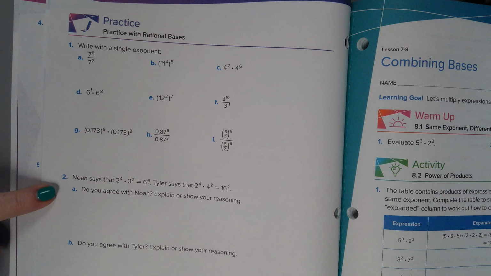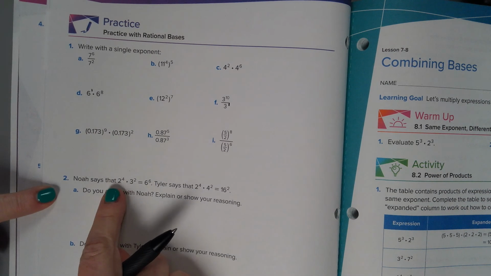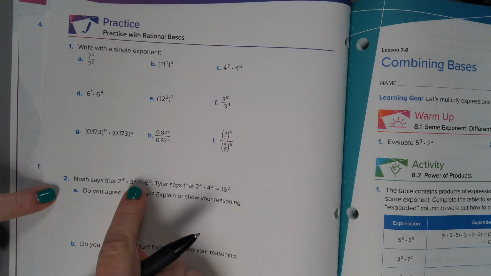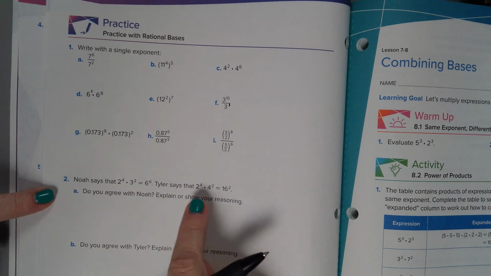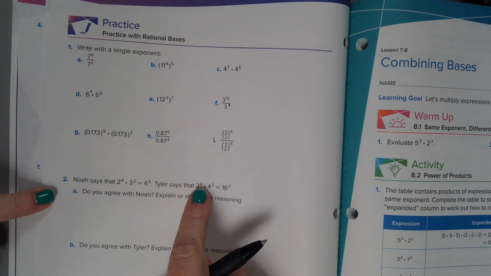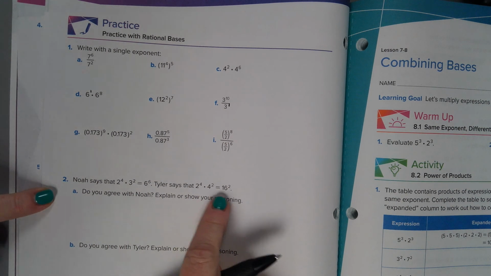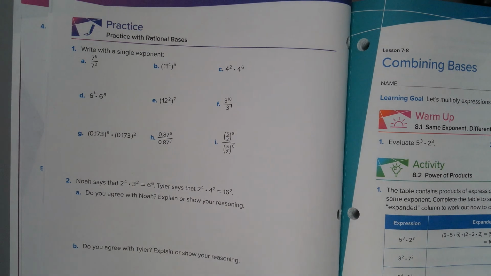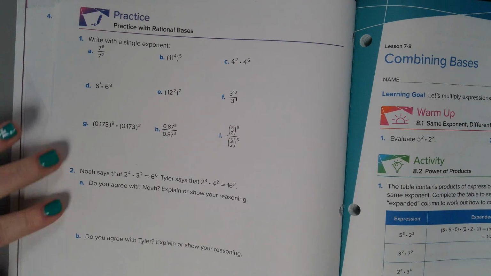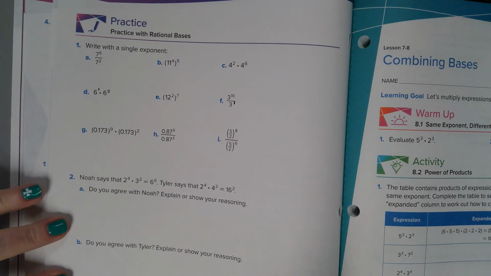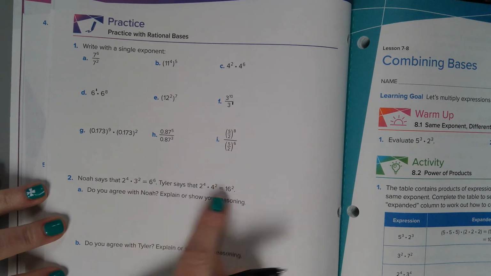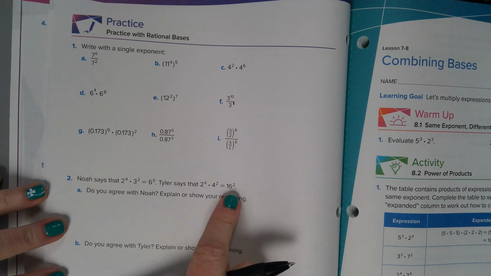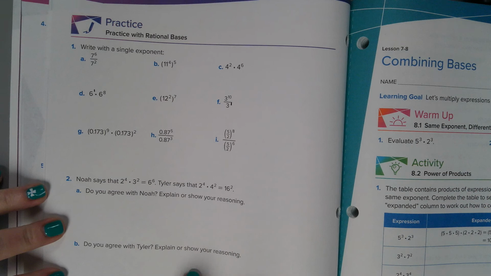Number 2, Noah says that 2 to the power of 4 times 3 to the power of 2 is 6 to the power of 6. Tyler says 2 to the power of 4 times 4 to the power of 2 is 16 squared. So let's see what we have. We have to figure out who you agree with and why not. My suggestion is to expand them both out and see which is true and who you agree with.